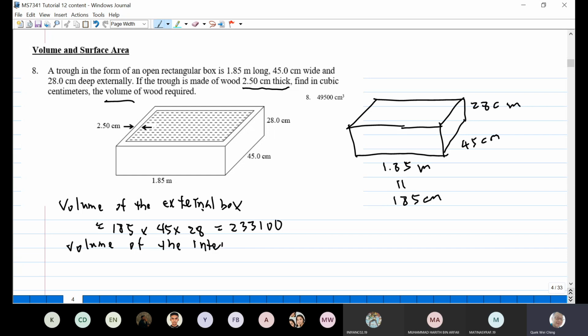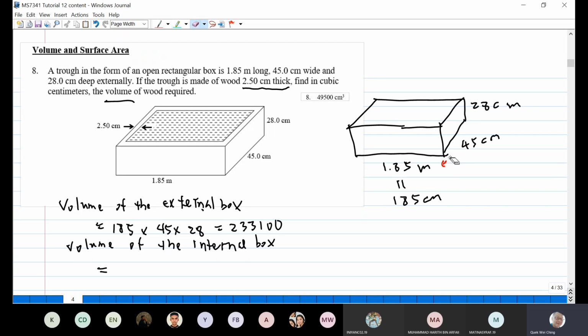Okay, let's see how the internal box is. So you have to go inside. How to find the internal box? You have to go in 2.5 cm.